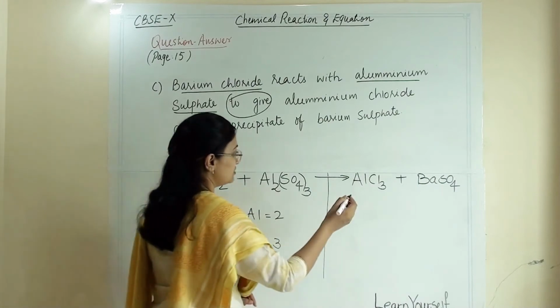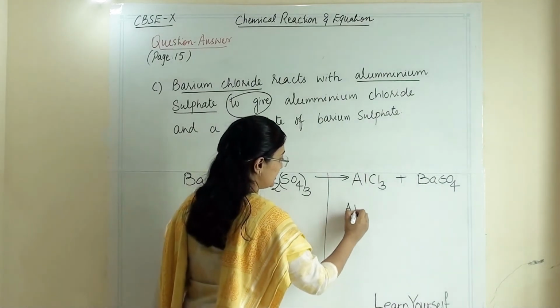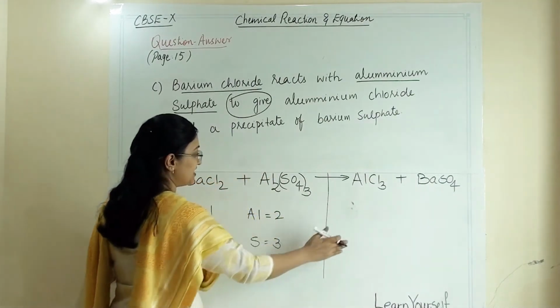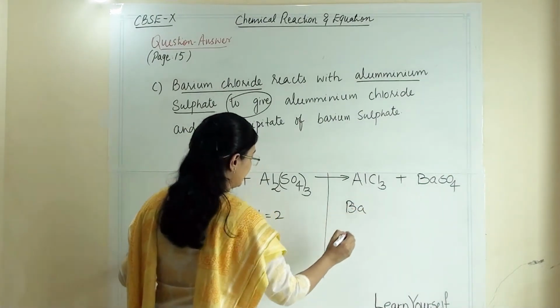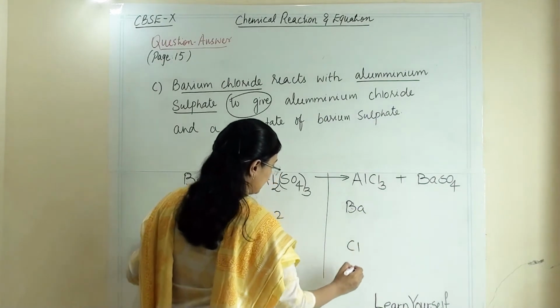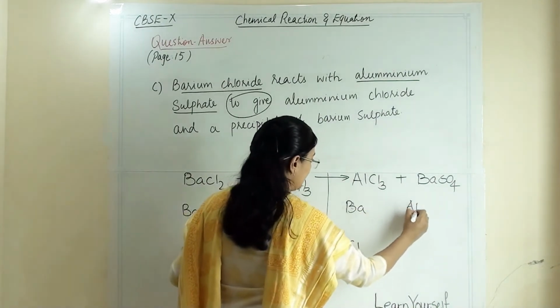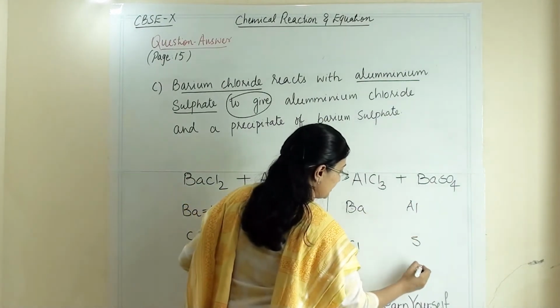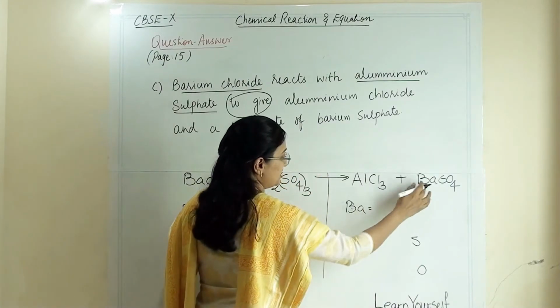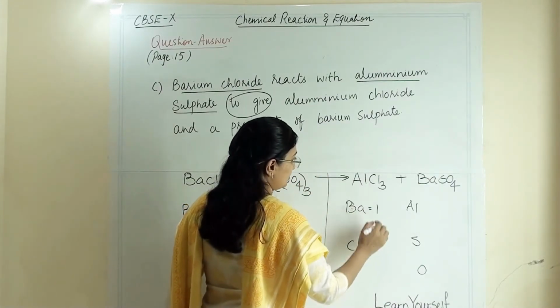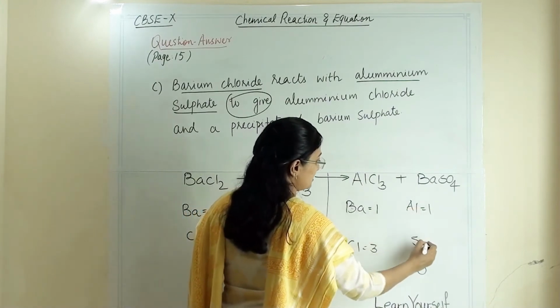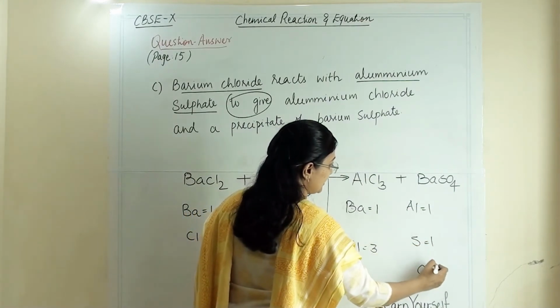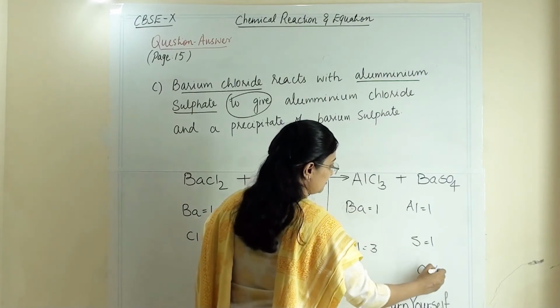Now let us check the product side. Aluminium, we will write it as we have written here, so it will be easy for us to tally. Barium, then chloride, then aluminium, sulfur and oxygen. So barium is 1, chlorine is 3, aluminium is 1, sulfur is 1, and oxygen is 4.